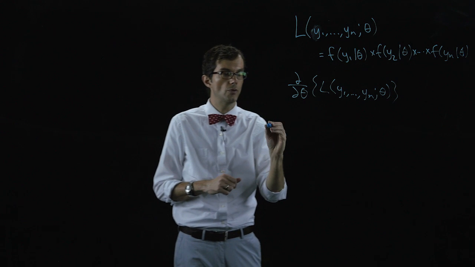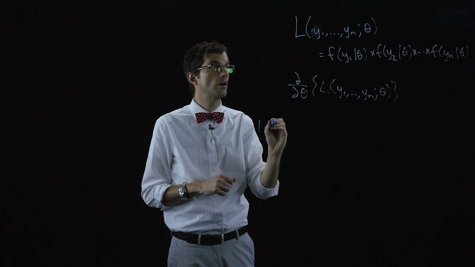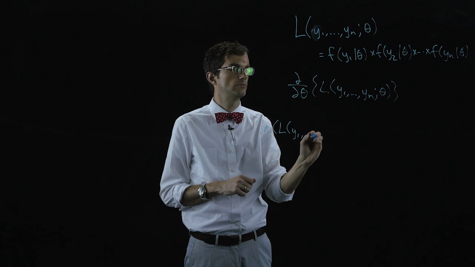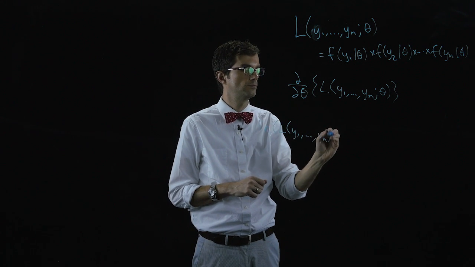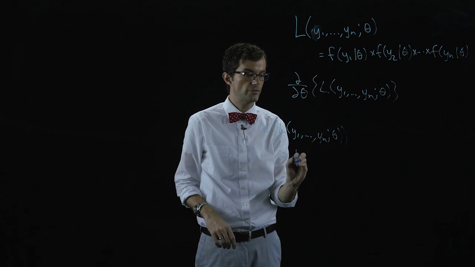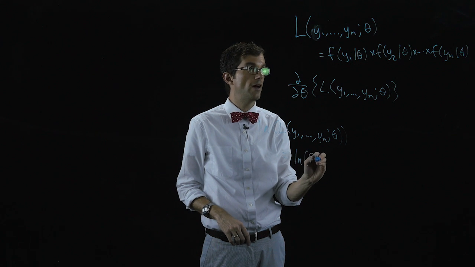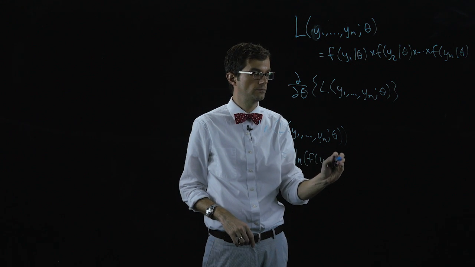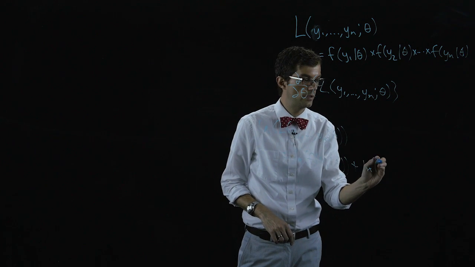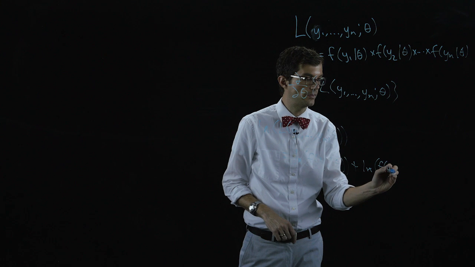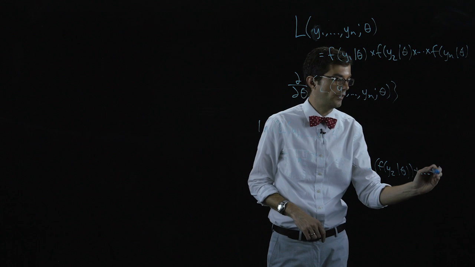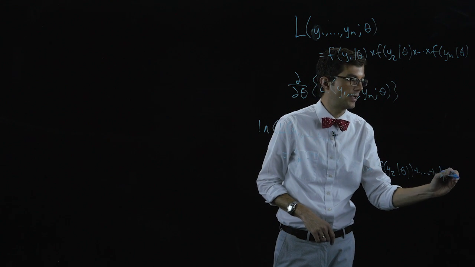So the natural log of the likelihood function is equal to the natural log of f evaluated at y1, plus the natural log of f evaluated at y2, plus the natural log of f evaluated at yn.